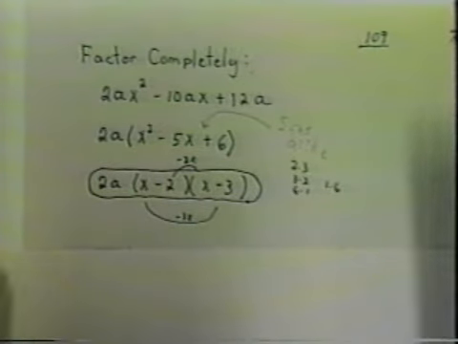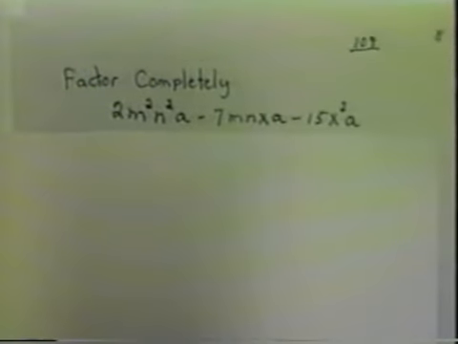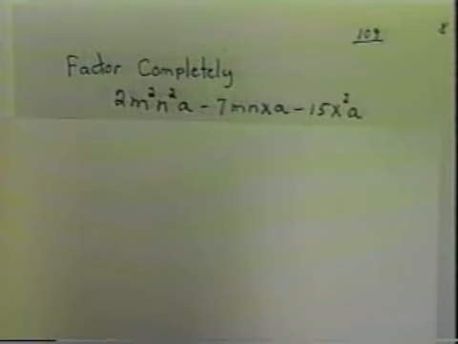Let's look at another one in which I want you to factor completely: 2m squared n squared a minus 7mnxa minus 15x squared a.